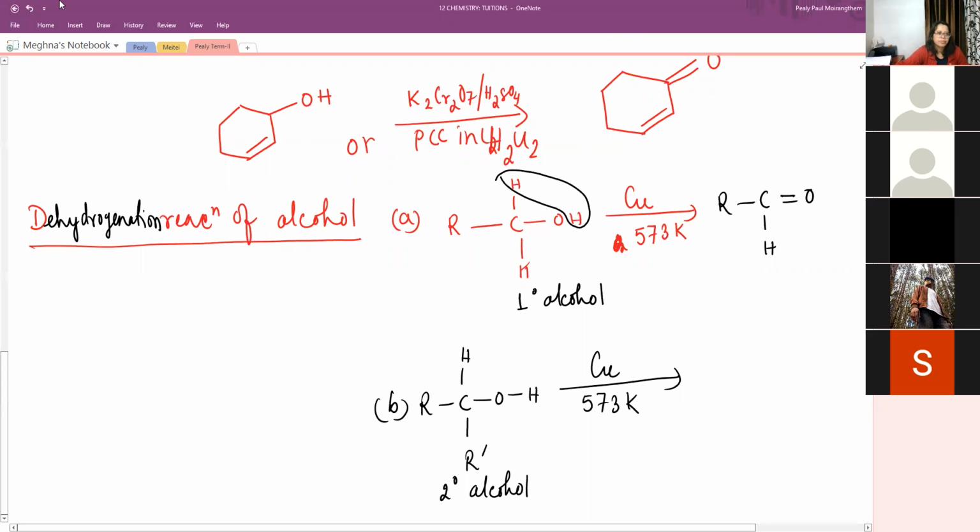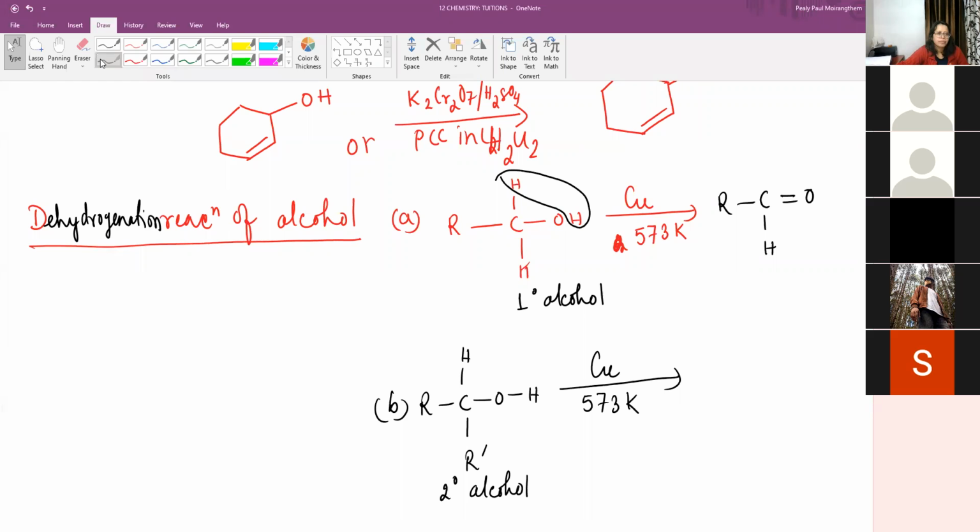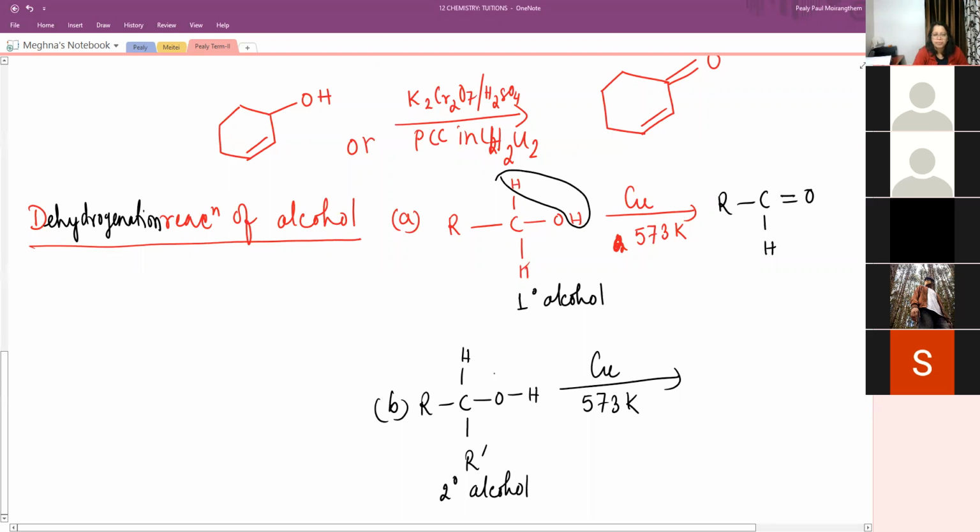If I take 2 degree alcohol, same reagent, then what is the product I am going to get? Ma'am, ketone. So 1 degree alcohol on dehydrogenation, that means in presence of this reagent, will give us aldehyde, and 2 degree alcohol is going to give us ketone.